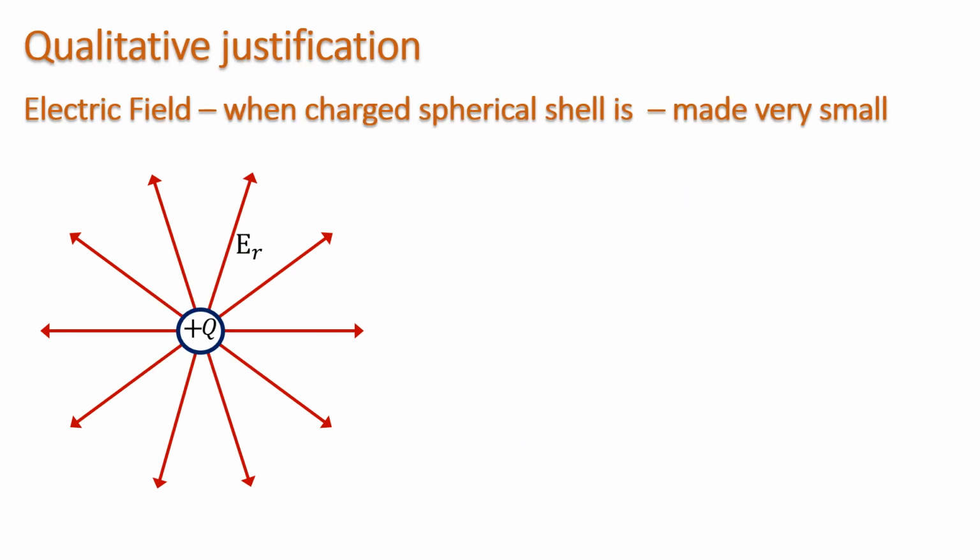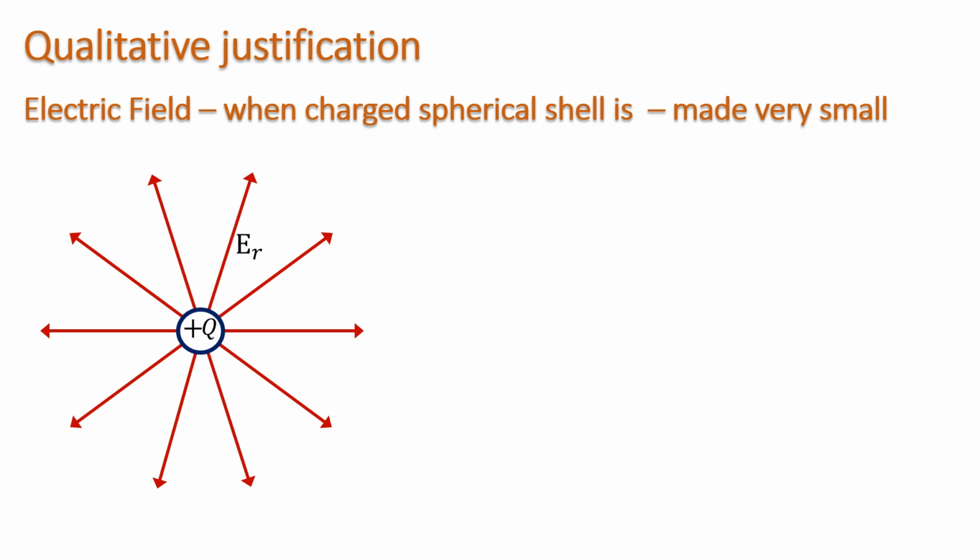Before we do it in the proper way, which is using Gauss's law, we like to at least attempt a derivation by qualitative means. And one should always do it that way, because with little investment, we can get much more insight.